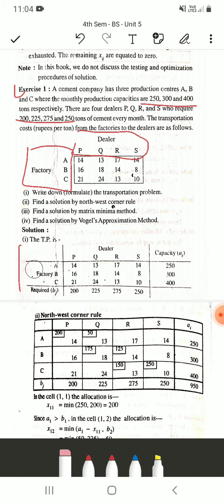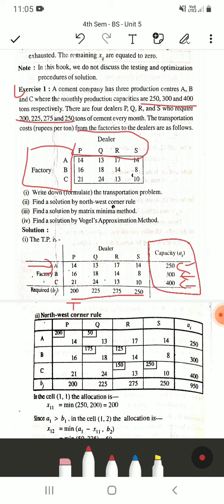Additional to this, you have to write the capacity and requirement. So what is the production or the capacity of factory A? It is 250. For factory B it is 300, and for factory C it is 400. And what is the requirement of P? It is 200, and so on. You have to write the requirement in the below row, and capacity in an additional column.